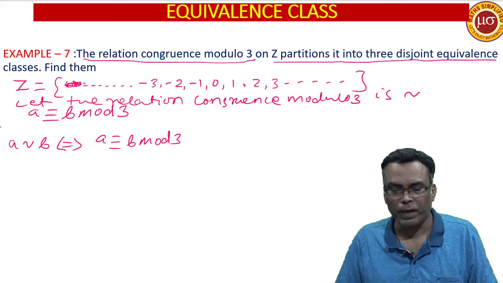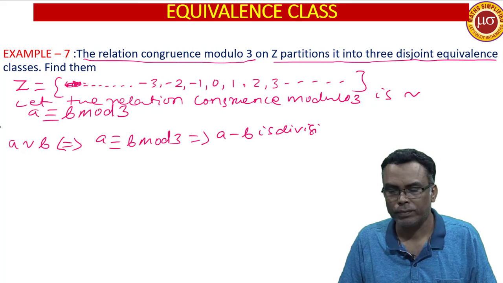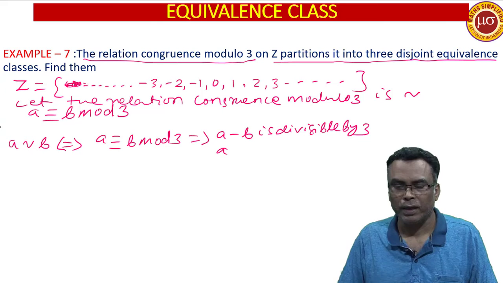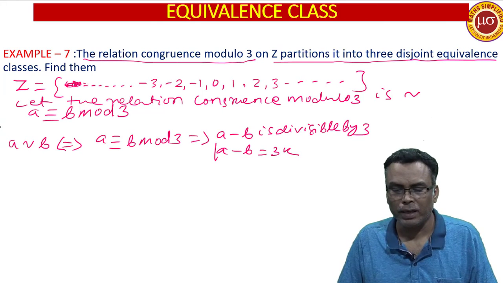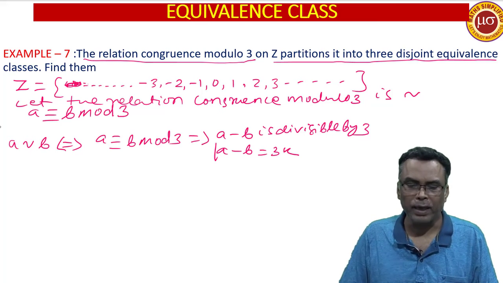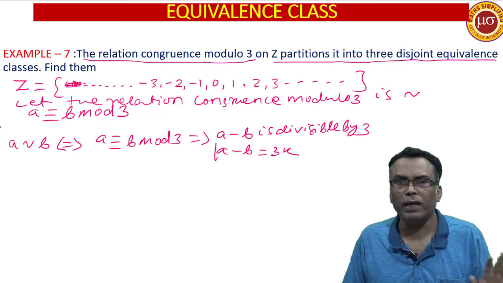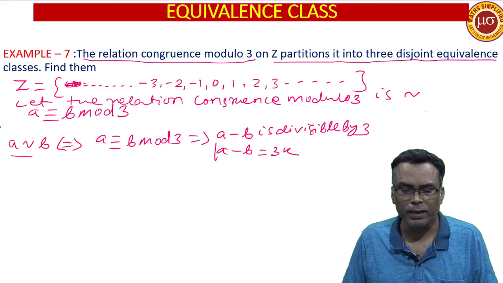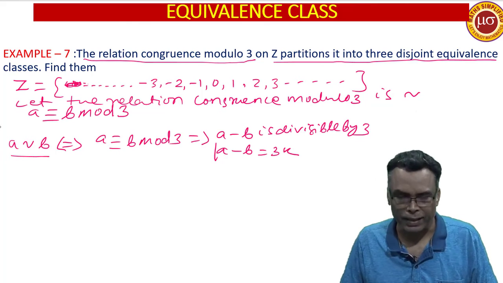What does it mean? A minus B is divisible by 3, that is, A minus B equals 3k. If this condition is satisfied, we say A is related to B. And we already proved this is an equivalence relation. Now let us think about its equivalence classes.